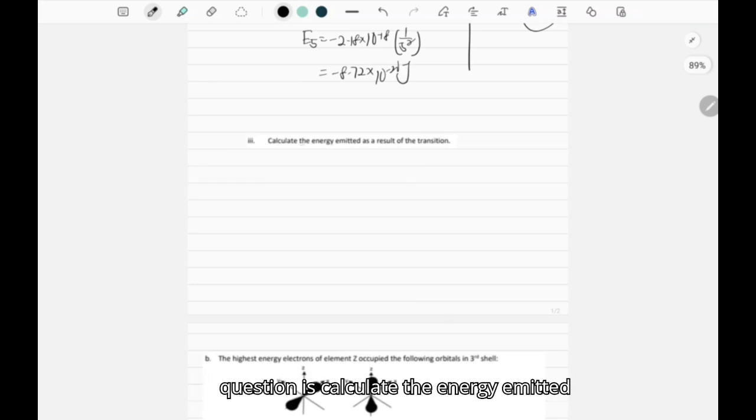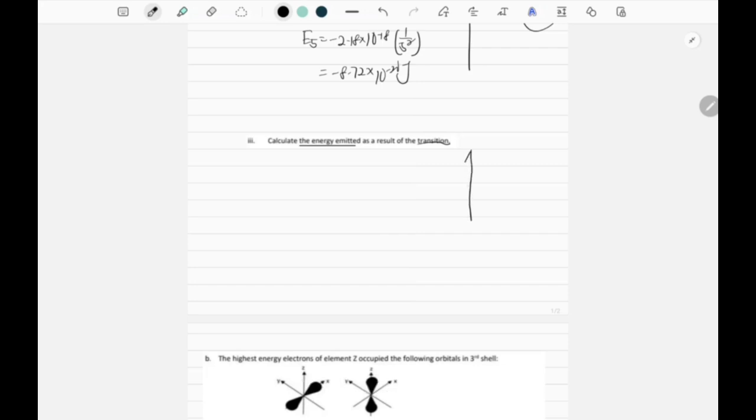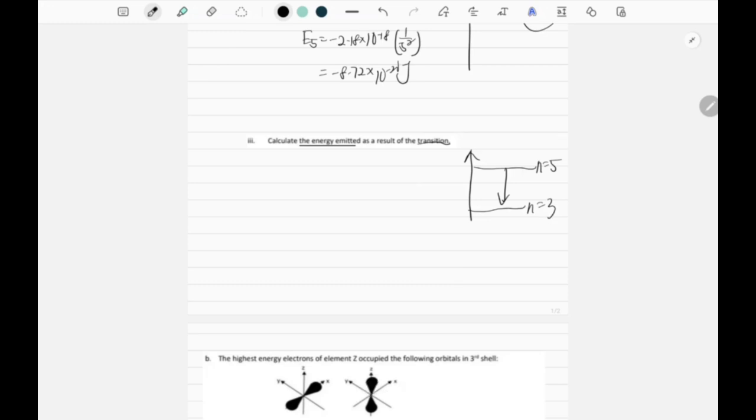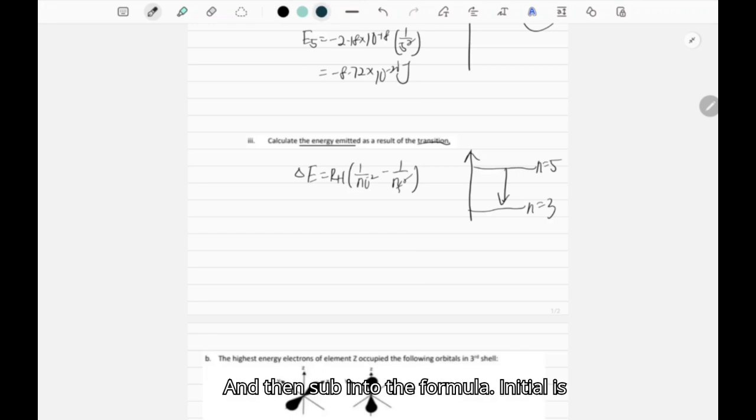The third question is to calculate the energy emitted as a result of the transition. This is the energy when it drops from n equals 5 to n equals 3. We can use the formula for the difference in energy, which is the Rydberg constant times initial minus final, and substitute into the formula.